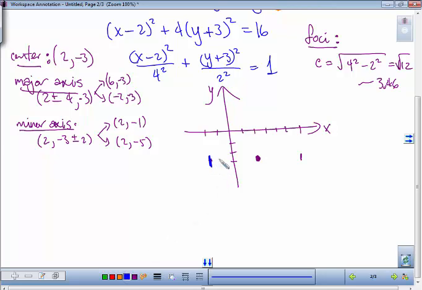So these two are like the vertices. And along the minor axis, we're at 2, comma -1, and 2, comma -5. 1, 2, 3, 4, 5. So let's just put those together.